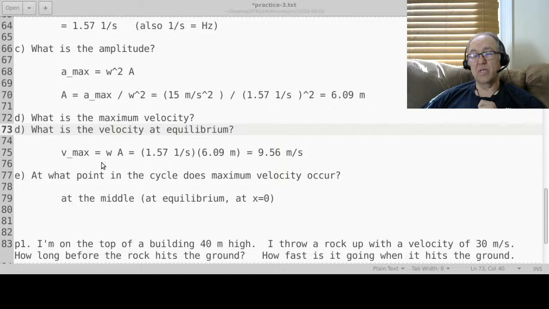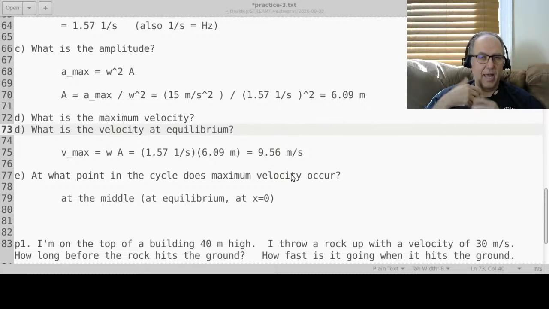If you didn't know that, you would not know to use that equation. So it is important to know at which point in the cycle your various maxima occur, so you can identify things like this. Here, I explicitly said at what point does the maximum velocity occur, and there are only two possibilities, either in the middle or at the endpoints. Well, maximum velocity is in the middle.